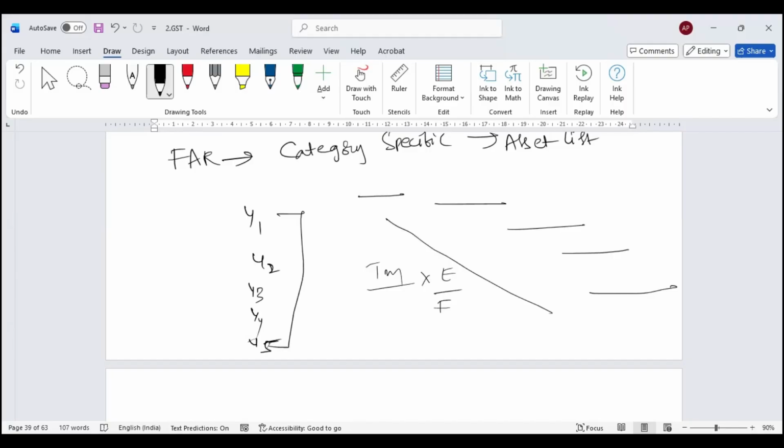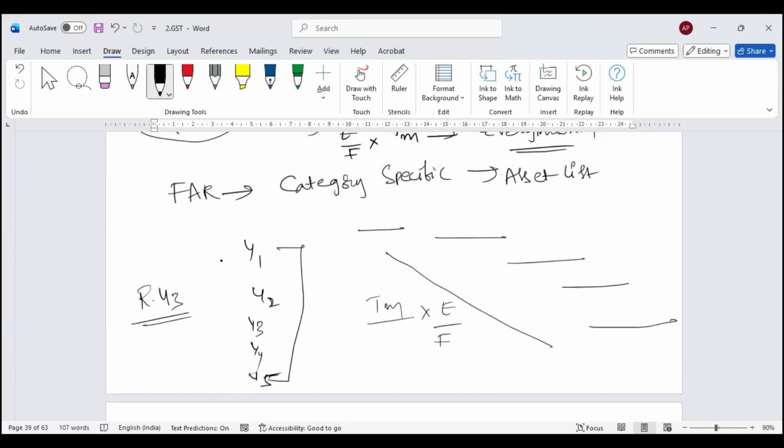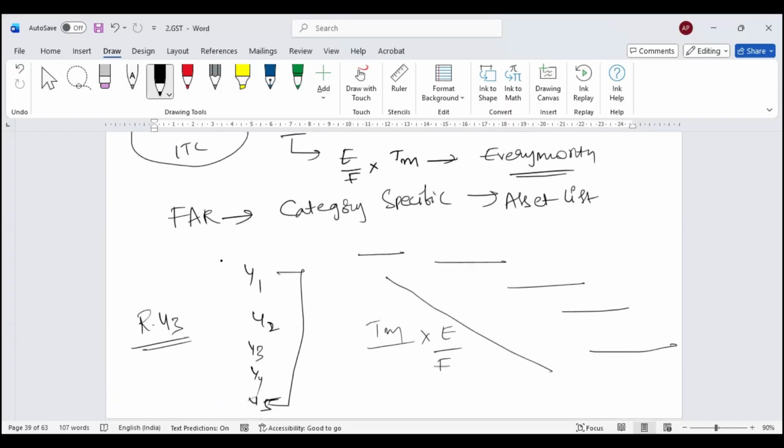Do you have any choice? Answer is no. When the asset values are high, I don't have a choice. I have to follow this particular procedure. Small time business, we may not have this complexity. Big business, they have this complexity. This is what we need to keep in mind. Rule 43. Till now, this is your rule 43. If doubts, I'll clarify. If not, we'll go further.